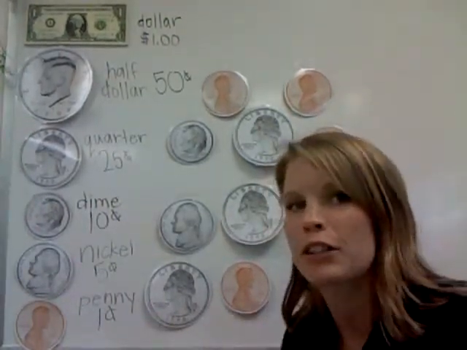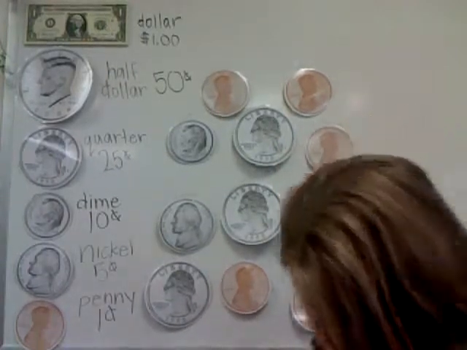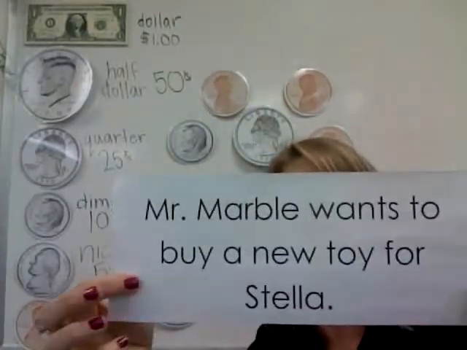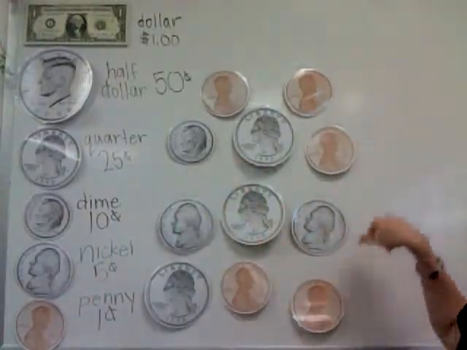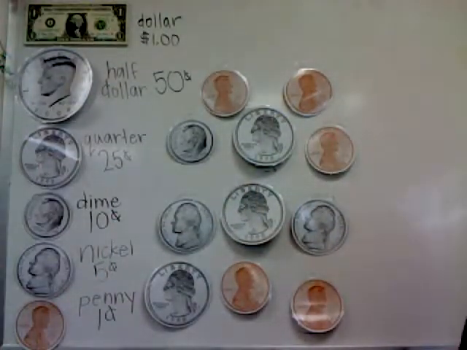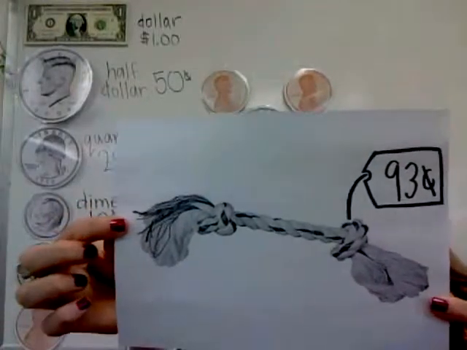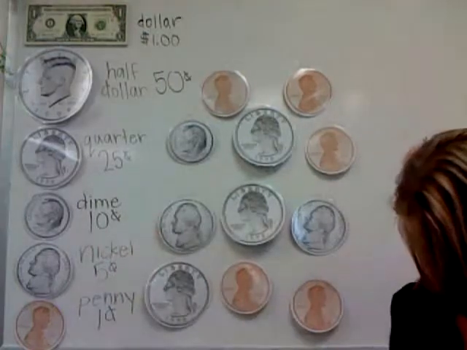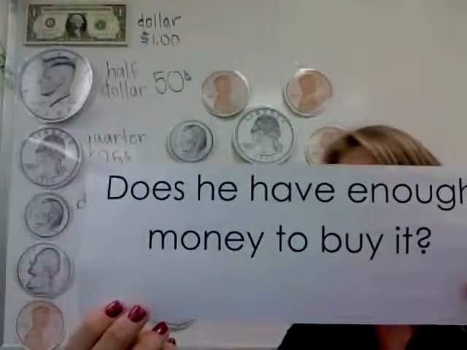I rearranged coins to try and confuse you, but I'll go over the question one more time. Mr. Marble wants to buy a new toy for Stella. And here's how much money he has. I'll give you a minute to look at it. Here's the toy he wants to buy her. And it costs that much money. Does he have enough money to buy it for her?